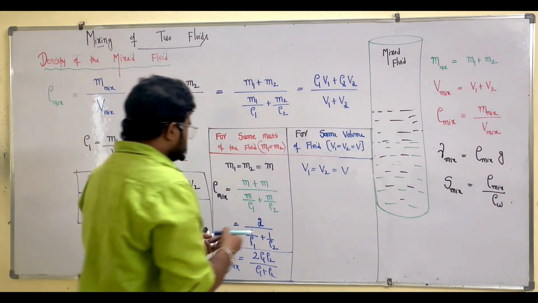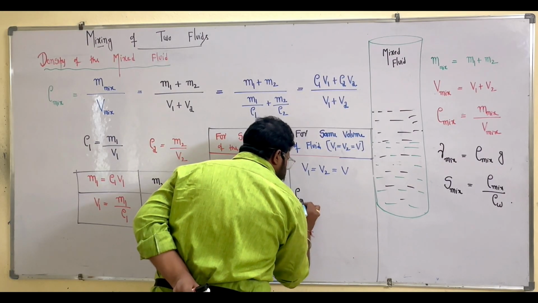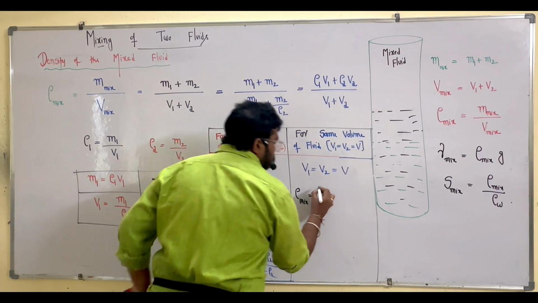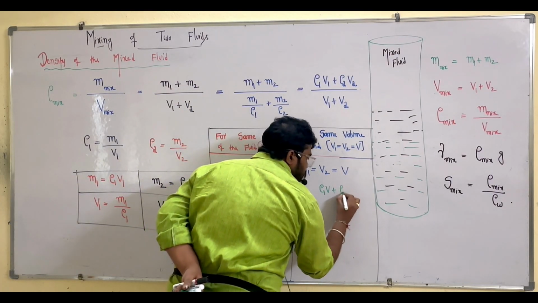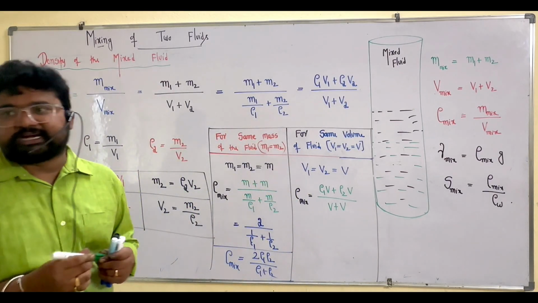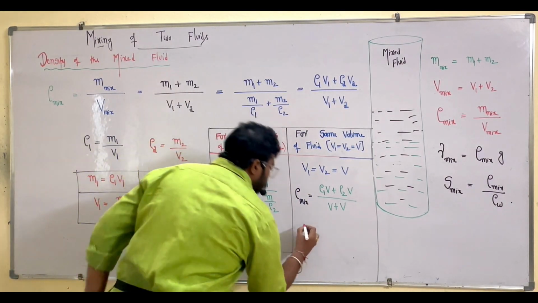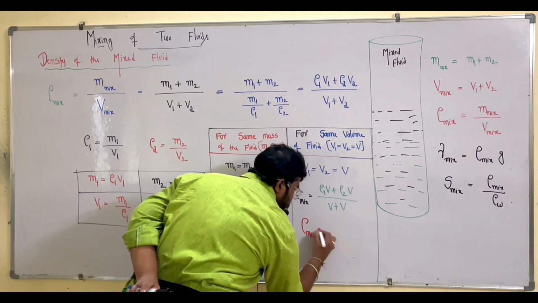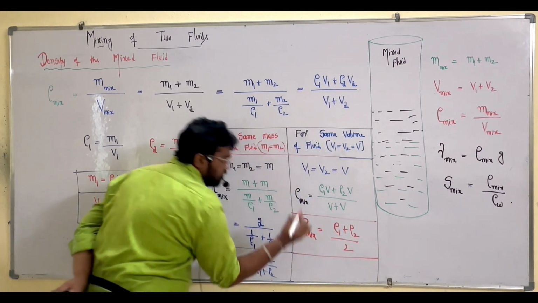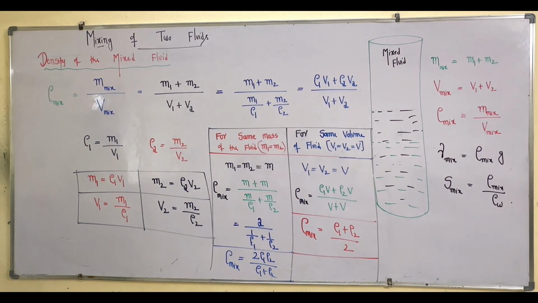So now tell me, rho mixture equal to how much here? We can write it as rho 1 V plus rho 2 V by V plus V. All these get cancelled out. Here we can confidently write rho mixture equal to rho 1 plus rho 2 by 2.